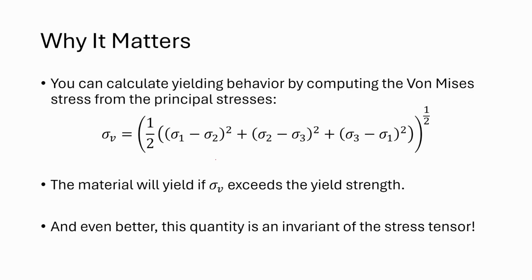Even when you change your coordinates, the determinant doesn't change. The individual components of the matrix will look different in different coordinates, but that particular calculation does not vary. So we call it an invariant. It is truly a constant and is not dependent on the coordinates that we use.